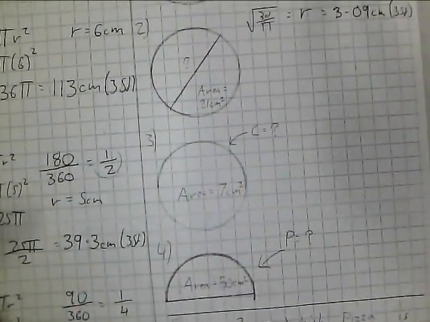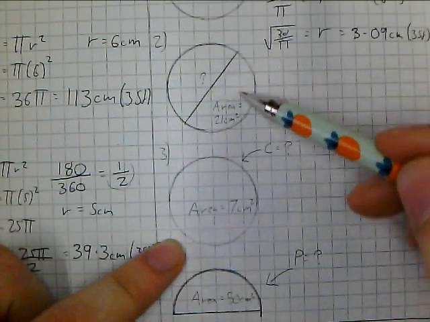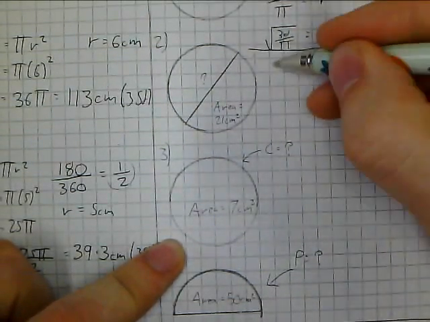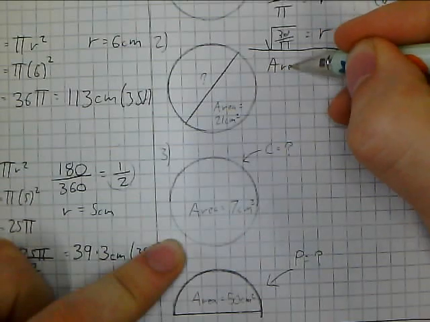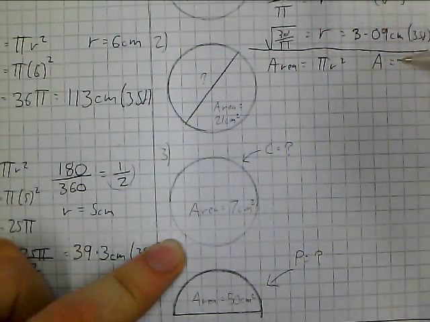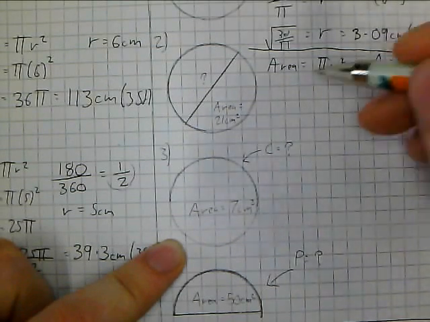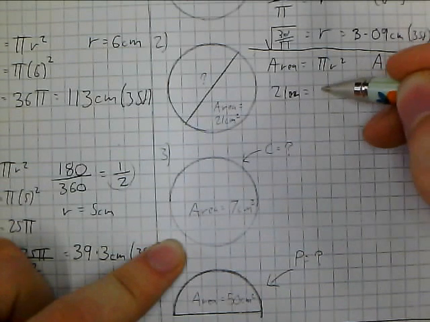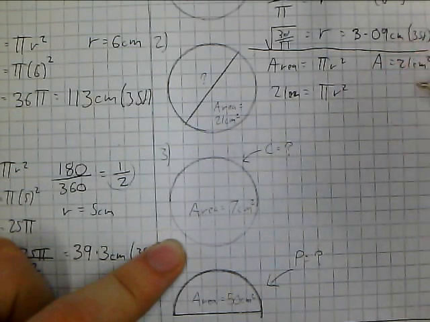Okay, for this one, I'm trying to find the diameter. I'm given the area, so once again, area equals pi r squared, and the area is 21 centimetres squared. So 21, don't need centimetres in there, so 21 equals pi r squared.